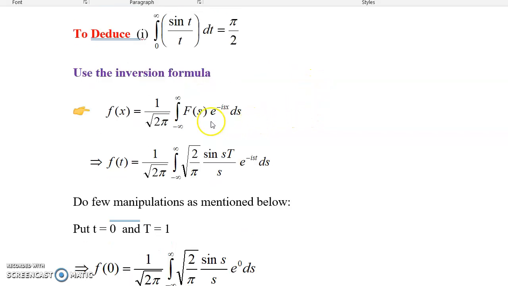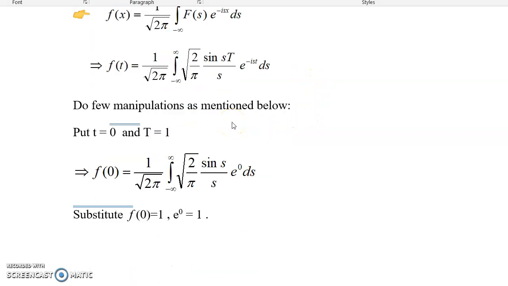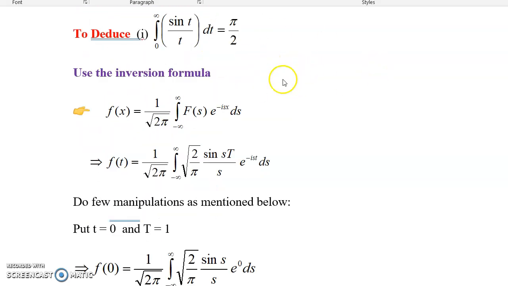Now in order to get the exact integral, we need to do certain manipulations here. So if you look at this term and the integration, see here after sin t by t we do not have any e power term, but here we have an e power term. So this should not come. So let us substitute this t as 0. So when we substitute t as 0, this will become e power 0, which is 1, so that this term will vanish.